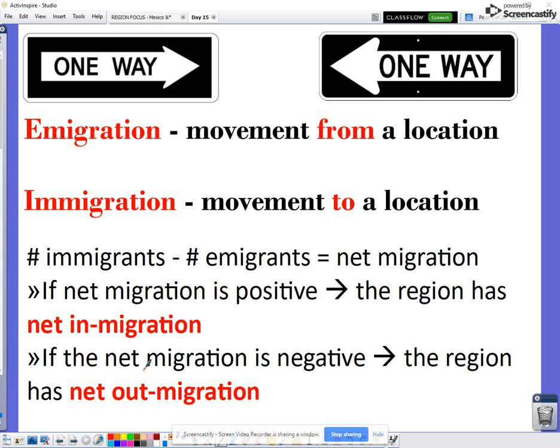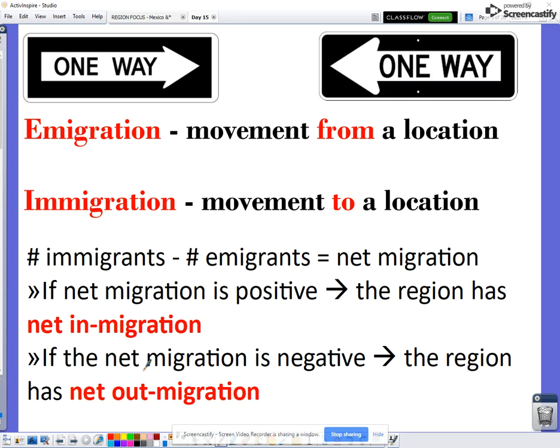So we're looking at more developed countries that tend to be located in North America and Europe. If we are a country that has high GDPs, high opportunities, Western, we are looking at more net in migration.